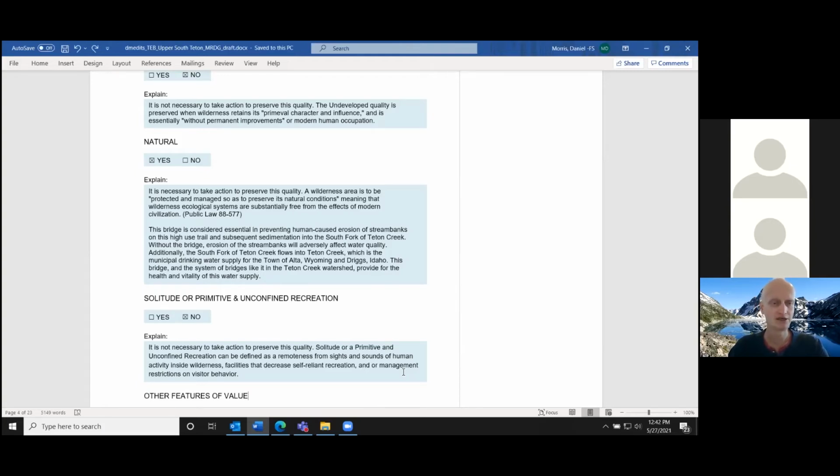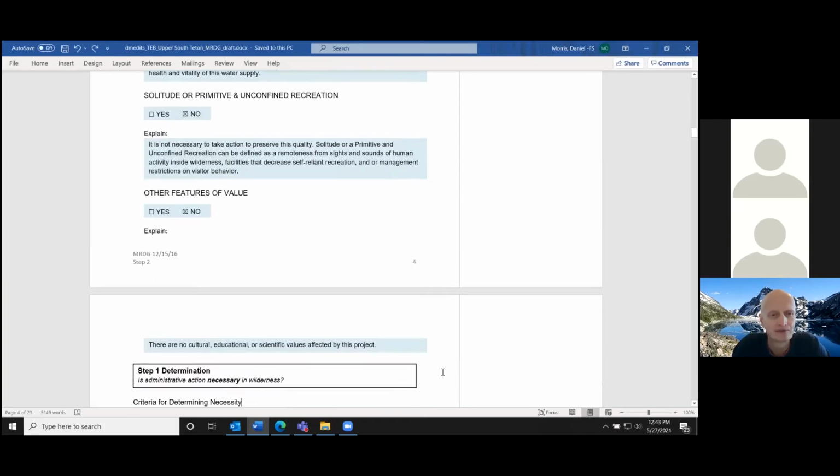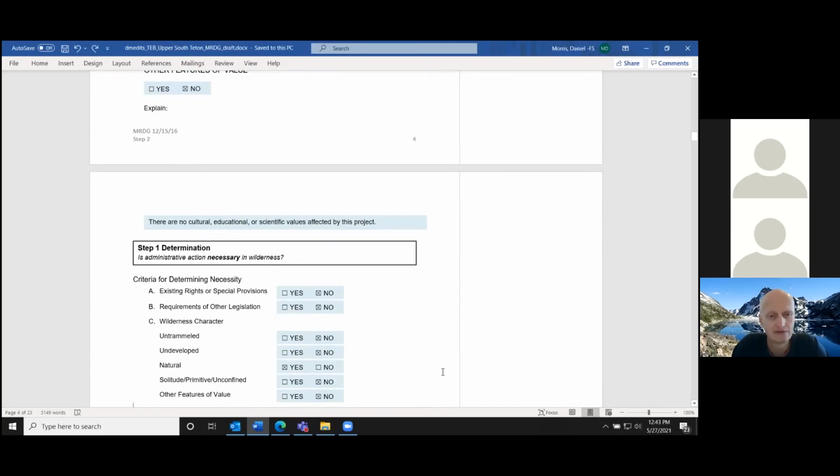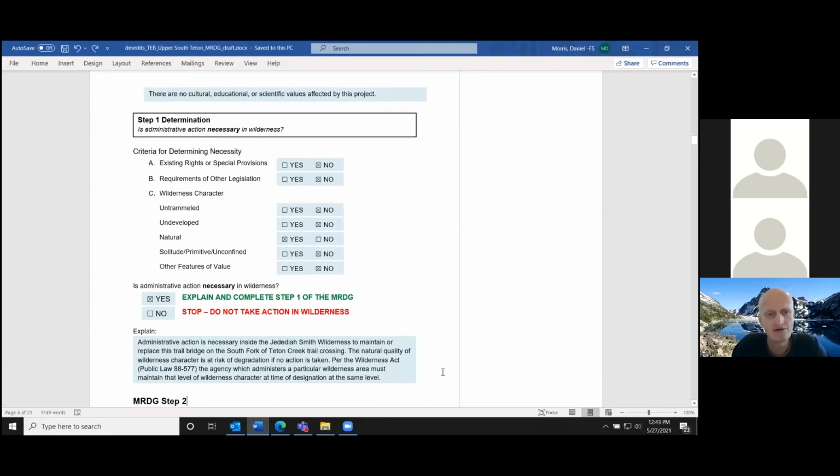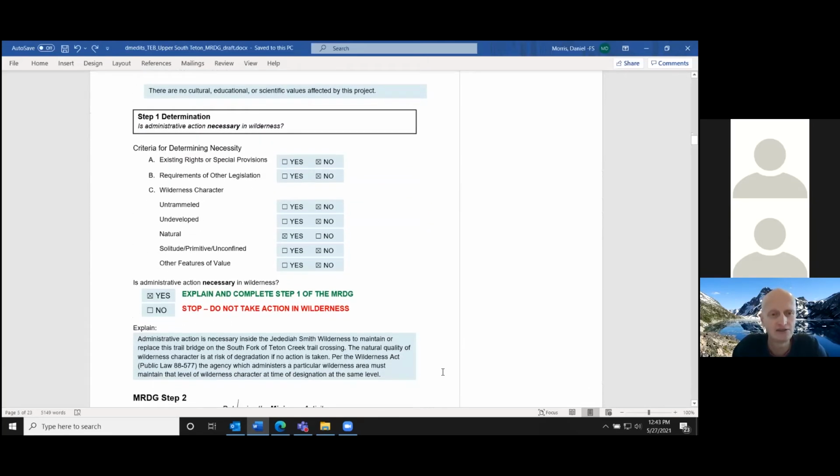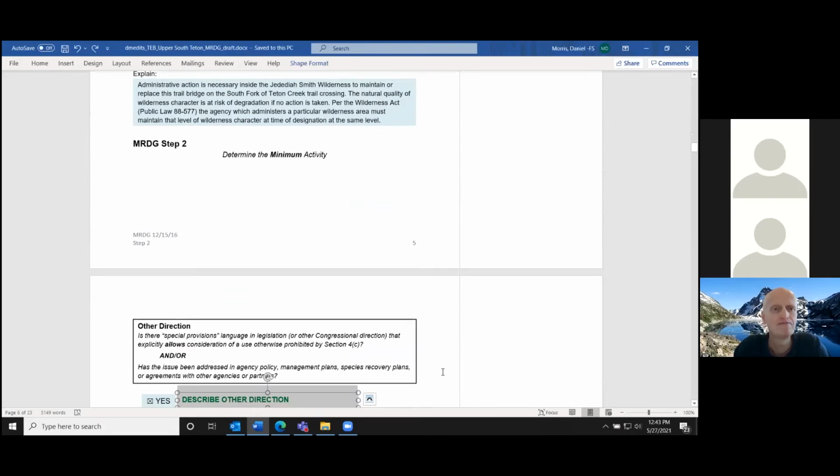The bridge will actually help us address that effect to natural quality. So with each project, you just kind of have to weigh that out and provide that rationale. All right. So moving on down, their need for action is to preserve natural quality.